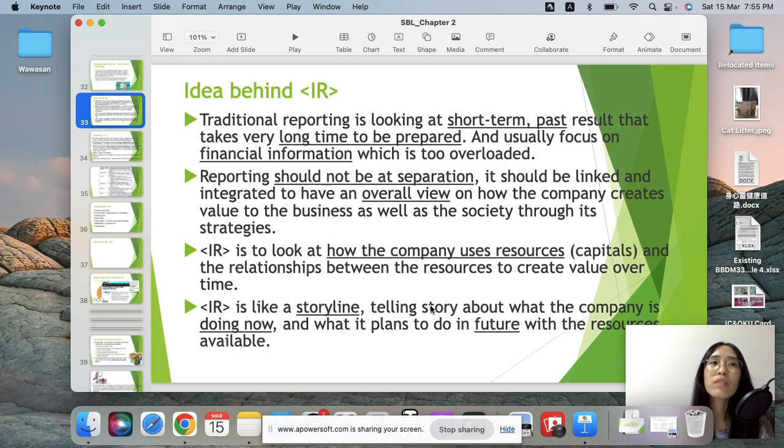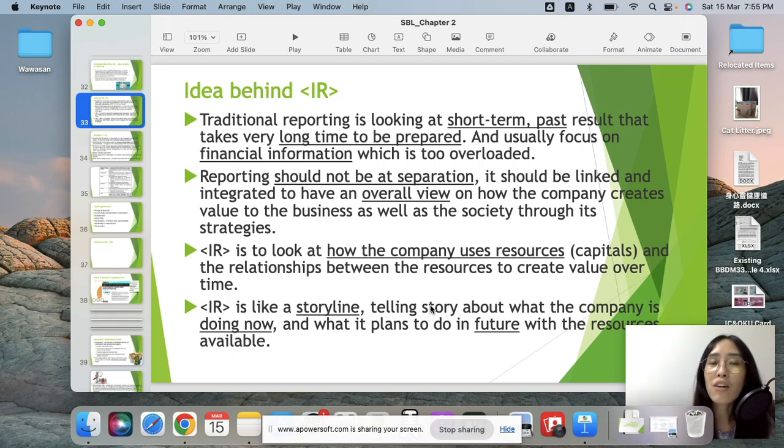And we do not stop there. We continue with what is the future plan that we are having, given the result that we have achieved until the current moment. So how does it affect our future strategy, or whatever that we have reported until now, whatever that we have done until now? How does it affect the future strategy? So it links to the future as well, whether it is short term or long term future.